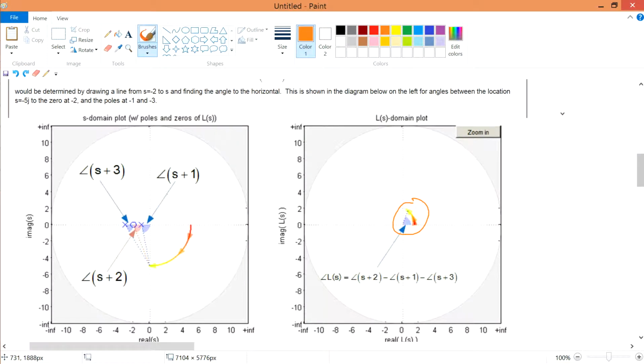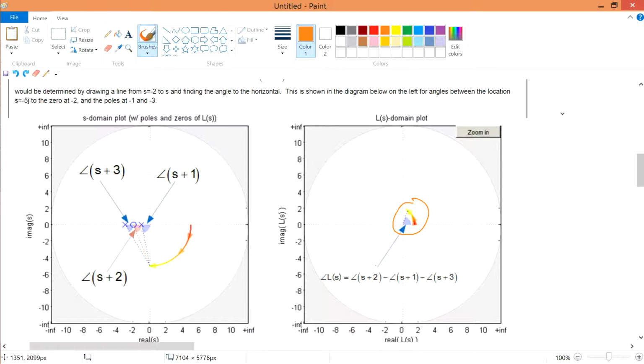In this plot, the angle between this point and this pole is this angle, the angle from this zero to this point is this angle, and this one to this point is this angle. If you sum them up together, you will have this one over here. It's just that manner, like when you learned the Nyquist plot last time.